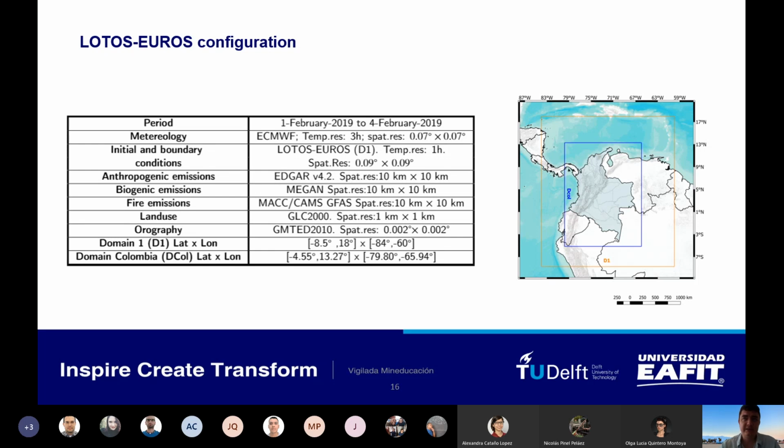So it is not accurate, and it's important to have initial conditions and emissions very well from this kind of model and the propagation. The biogenic inventory, the fire emissions, the land use, orography, and specification of the domain.